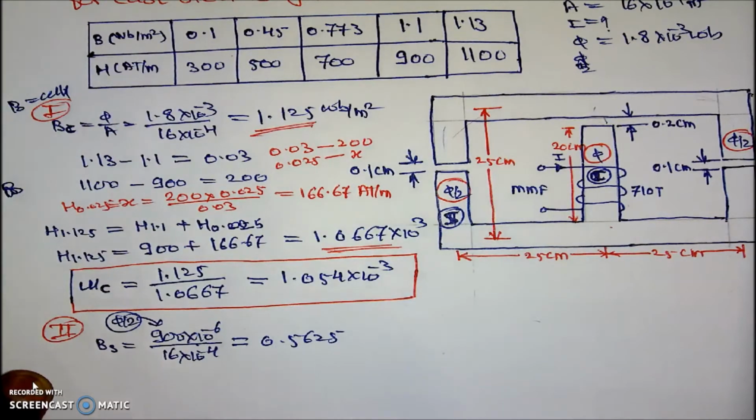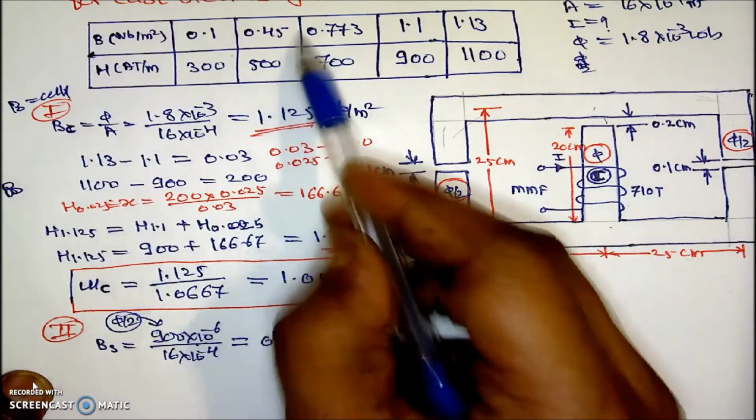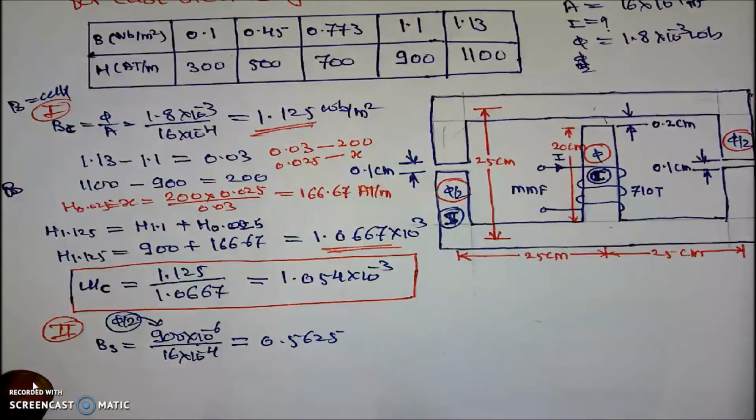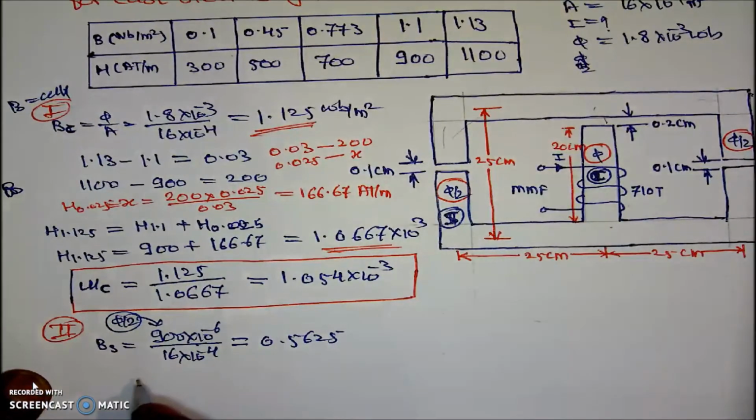This is 0.5625. Again, the direct corresponding value of H and B is not available in the table. Again, we will use the same concept, the difference of these two and the difference of these two. I will use another color here.